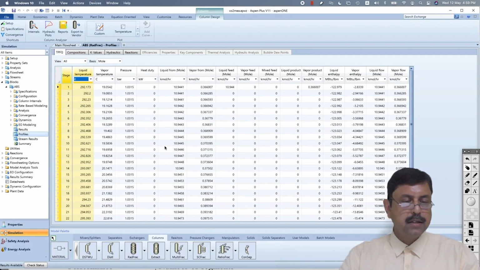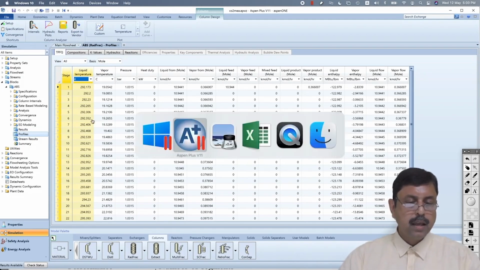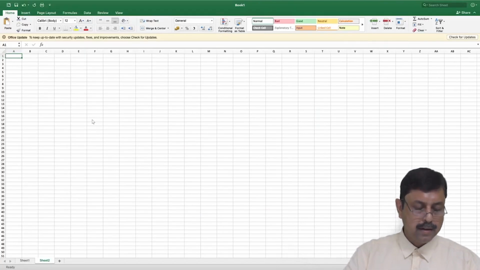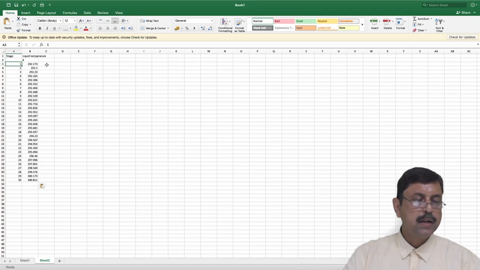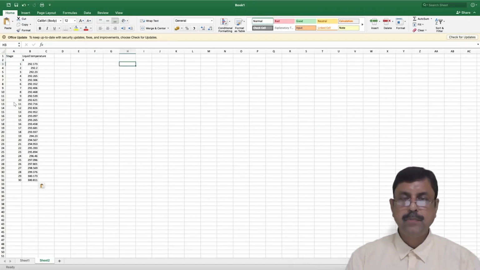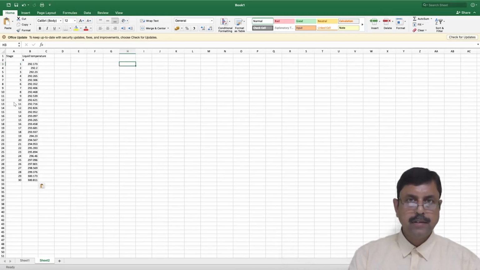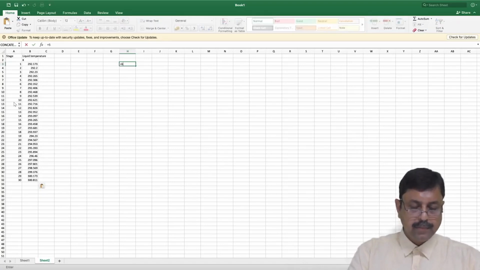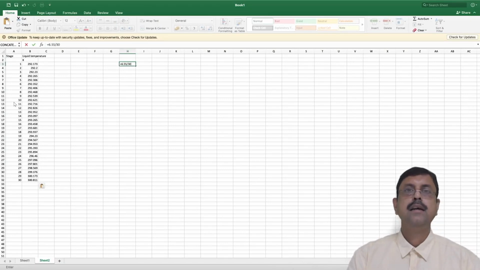For that, let us copy it and go to the Excel file. Now this is stage 1. Now the height of the column is 6.55 meter and we have 30 stages. So each stage is 6.55 by 30 meter of length.